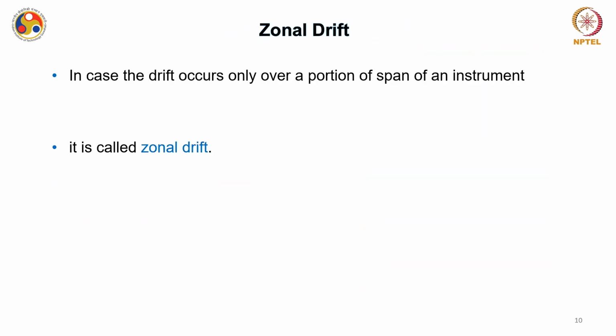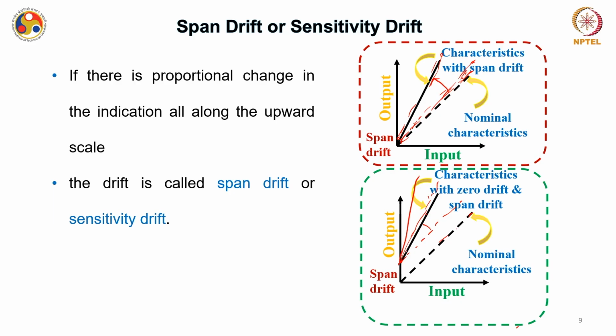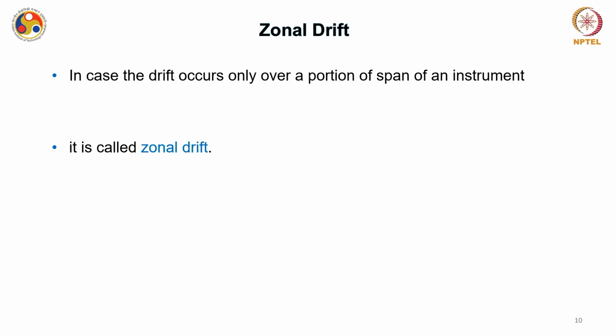Now, if the drift occurs only over a portion of a span and not in the complete span of the instrument, this is known as zonal drift. So, in that case you can expect that this is only in certain area, say in this zone or in this zone, not in the complete span or in the complete input range.